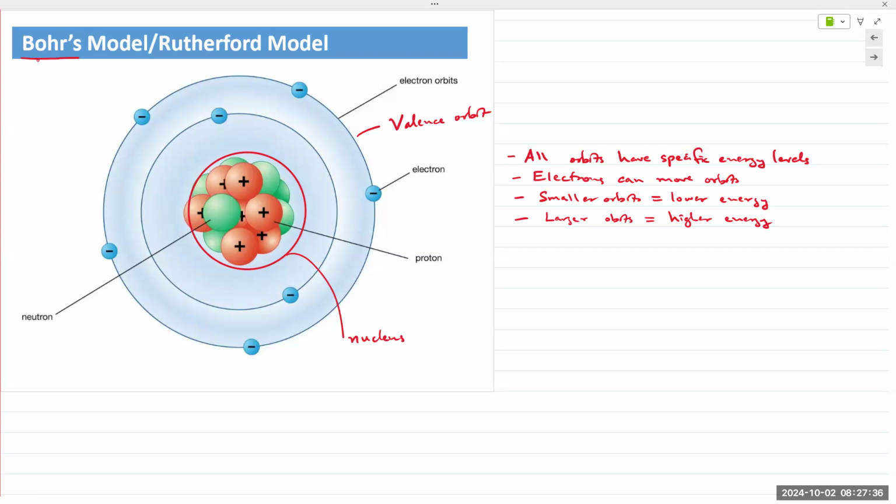Now, this right here shows you an element which has 5 electrons. It's just a random image, a specific element, but with 5 electrons.